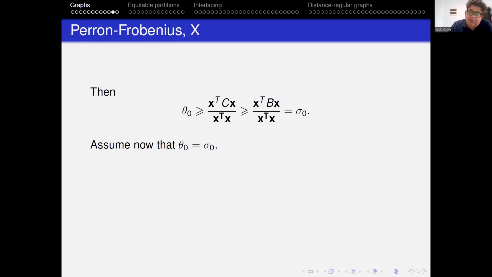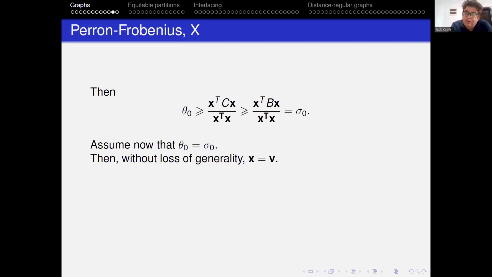Now we assume theta 0 is equal to sigma 0. Then, without loss of generality, we assume that x is phi. Why may we assume that x is phi?